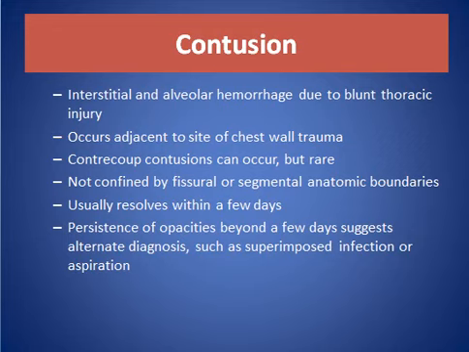Contact contusion can occur but is rare, not confined by fissure or segmental anatomical distribution, and usually resolves within a few days. Persistent opacities beyond a few days suggest alternate diagnoses such as superimposed infection or aspiration.